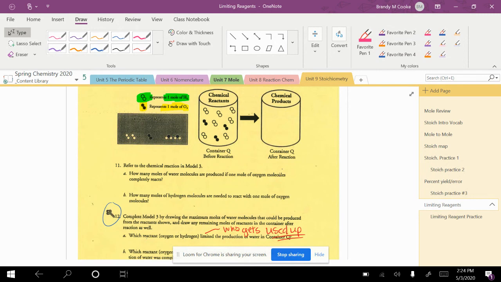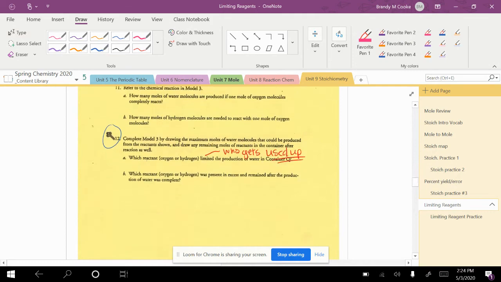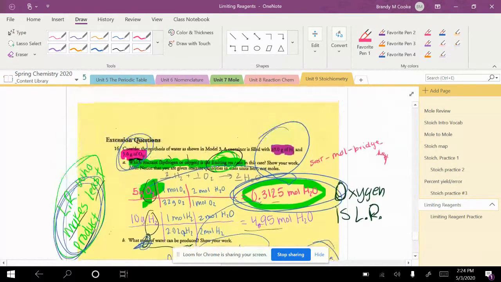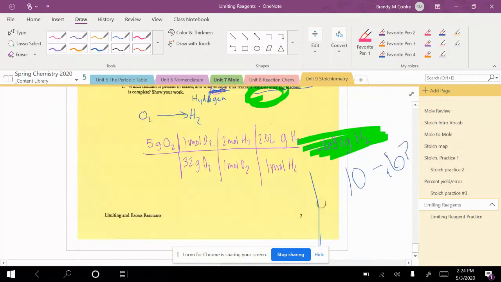So if you understand the definition of limiting reactant, excess reactant, and where the theoretical yield comes from, then go ahead and start with this page, Model 3. Check out the answer key once you have it done, and then watch the video where I do sample calculations. I'll show you guys where I got those answers in that video.